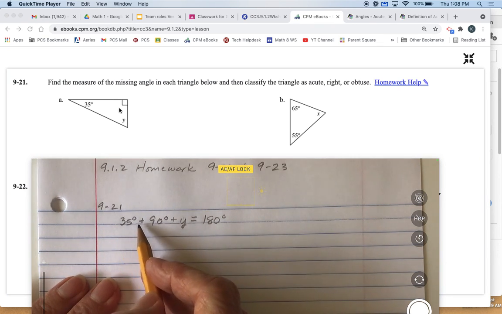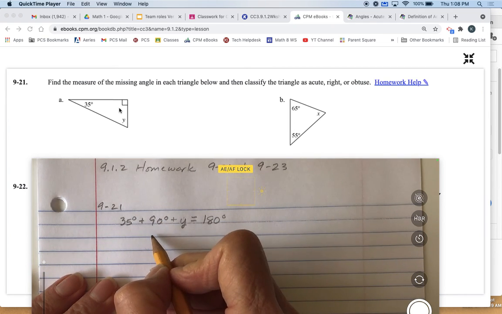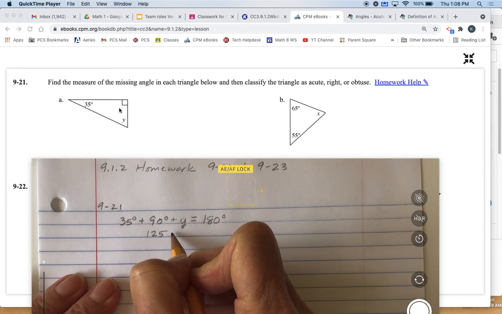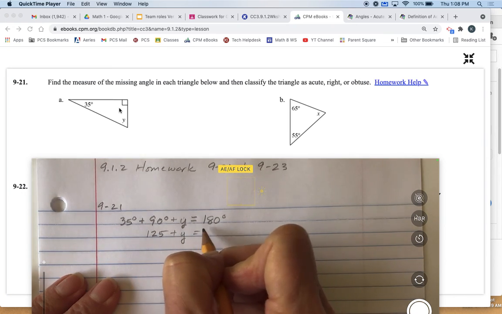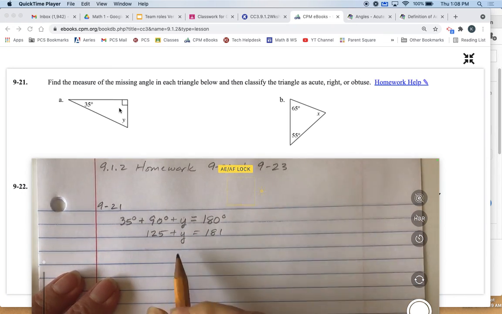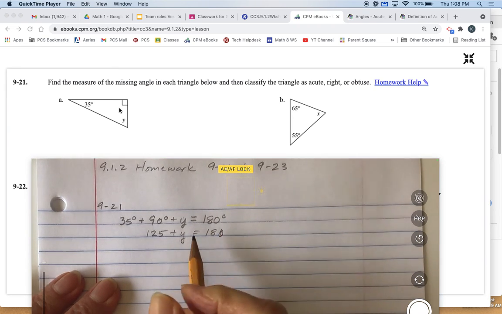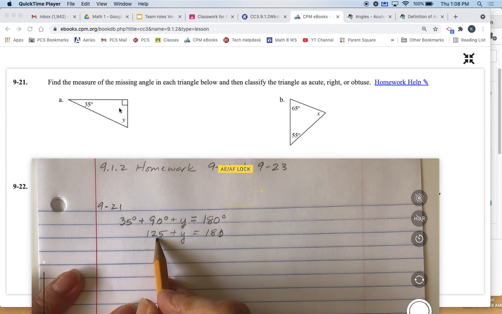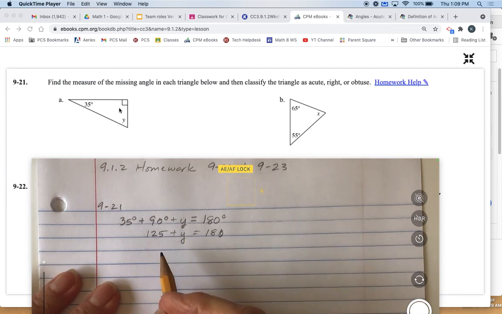35 and 90 can be added together. They're like terms, and so that will be 125 plus y, and that will be equal to 180. And then we need to isolate the y, so we need to undo this relationship where 125 is being added to y.